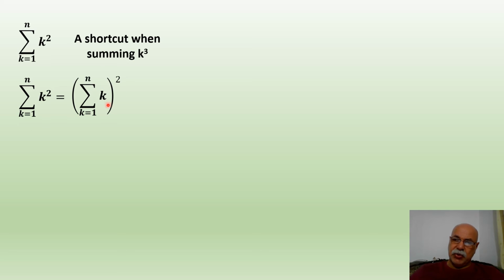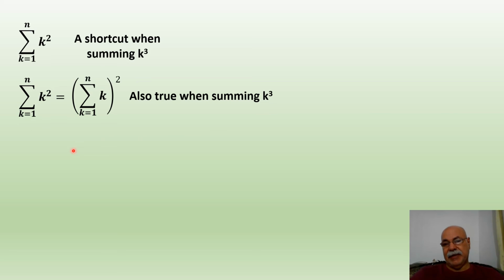N square, k square, k equals 1, is square, but in bracket. You can know this rule as an index. I will open the bracket to multiply all this by 2. Also true when you sum as square, it becomes like this.